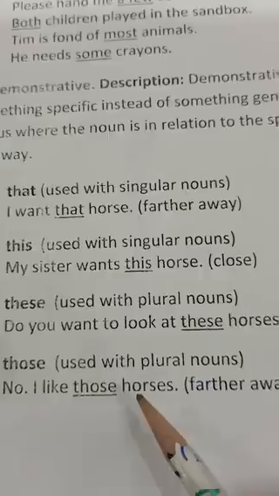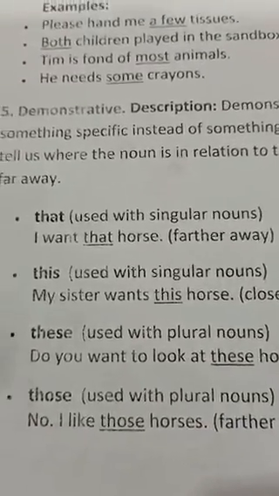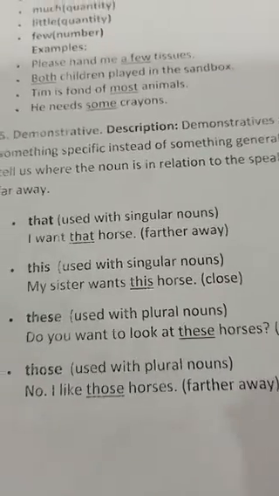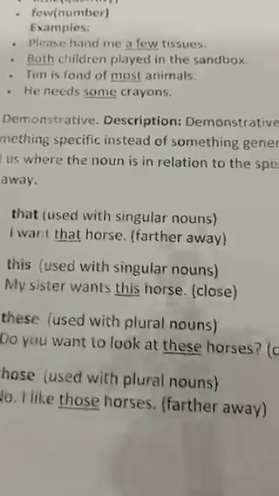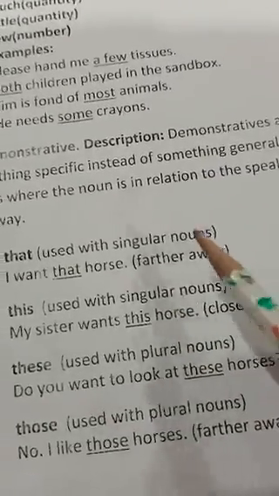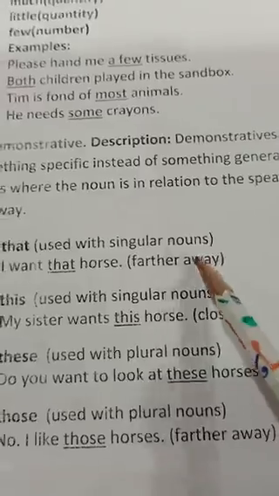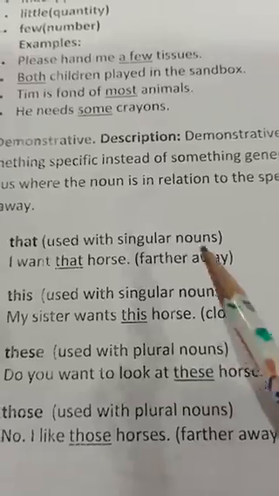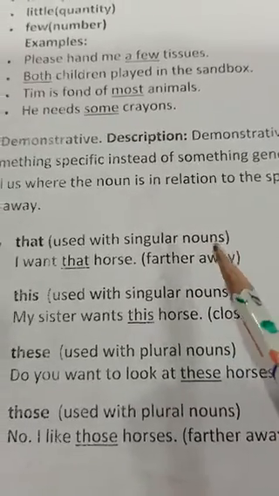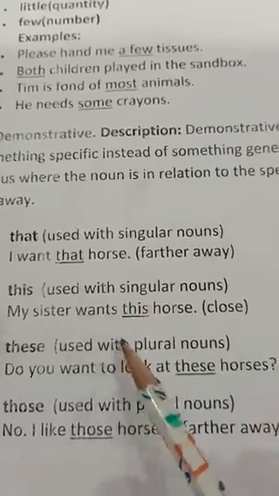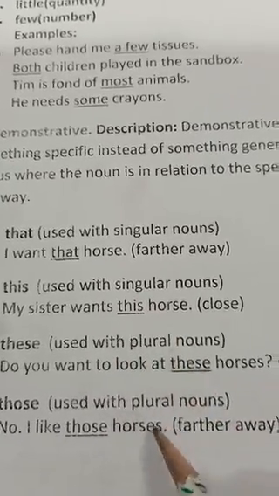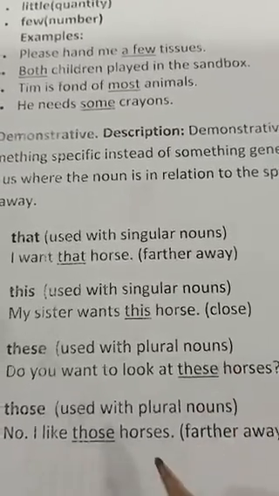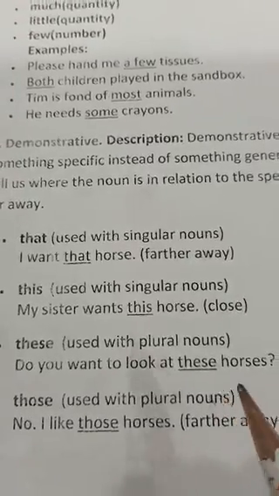No, I like those horses, meaning you are pointing at the horses which are far from you, and again it is a plural noun. So students, keep one thing in mind: this and that are used for singular nouns, but this is used when the noun is closer to you and that is used for the noun further away. These and those are used for plural nouns, and these reflects the noun closer to you, and those reflects the noun further from you.